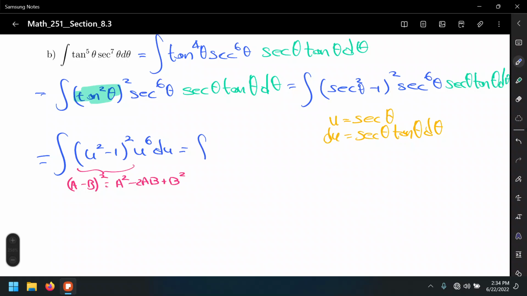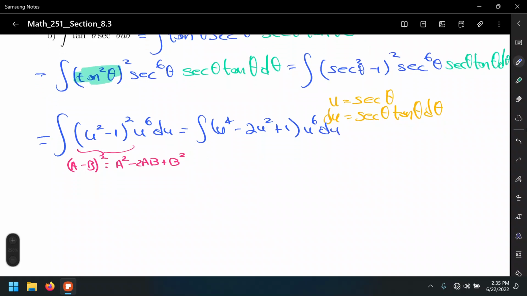From here, u squared squared is u to the 4th minus 2u squared plus 1, that multiplies u to the 6th du. Then we can simply distribute the u to the 6th to each term inside the parentheses.